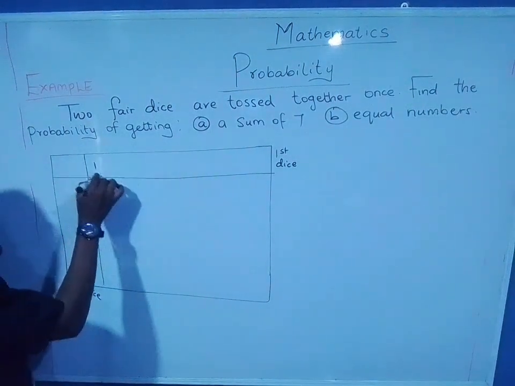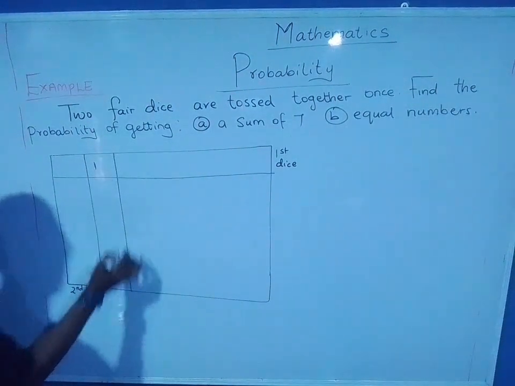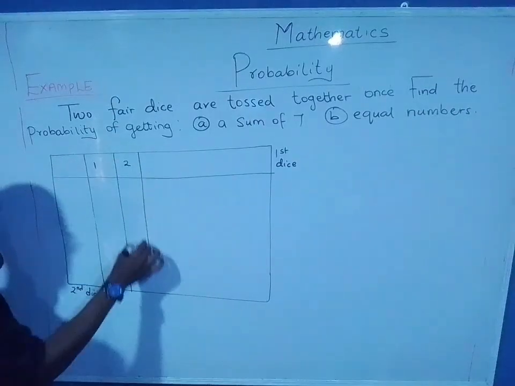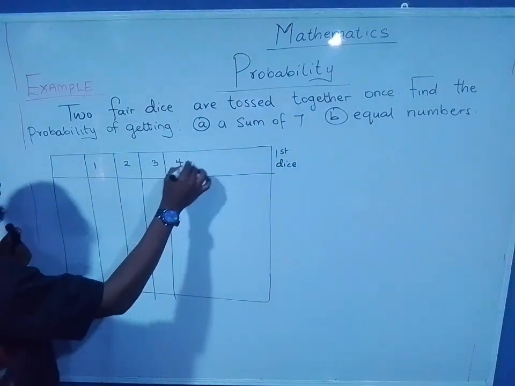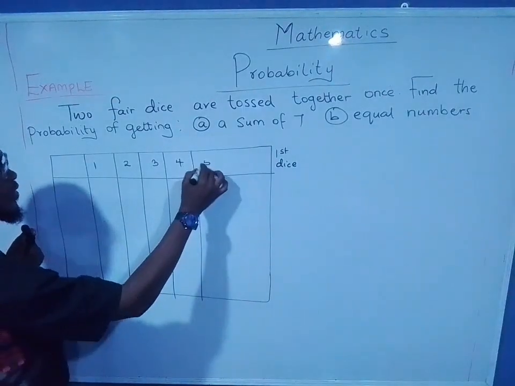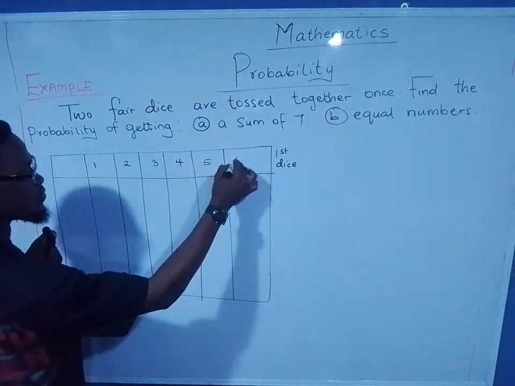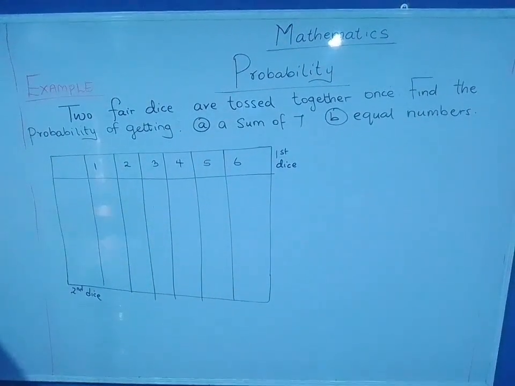So what are the sample points again? We have 1, 2, 3, 4, 5, and 6. Those are the sample points for the first die.